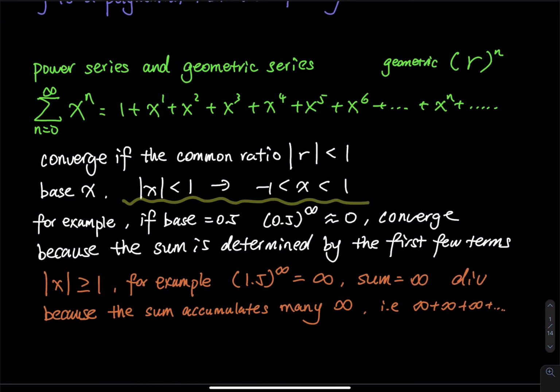I said this when we were learning geometric series. I said that it converges because the sum is only determined by the first few terms. So think about the expansion of a geometric series. When n equals infinity, that means the last couple of terms in the expansion, right? So the base raised to a large power equals 0. That means if you look all the way to the right of an expansion, those couple of terms on the very right-hand side are something close to 0.